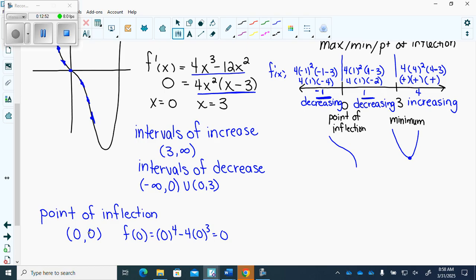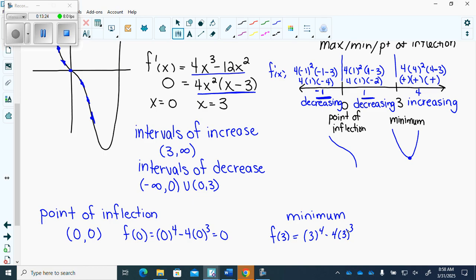You can't be like, because the graph shows it. It doesn't work. Because that's why the AP test is half calculator, half not calculator. Because this will be on the non-calculator. Okay? And then we need our minimum. It's at 3, at some random number that is very low, it looks like on our calculator. So we have to find f of 3. So we're going to get 3 to the 4 minus 4 times 3 cubed.